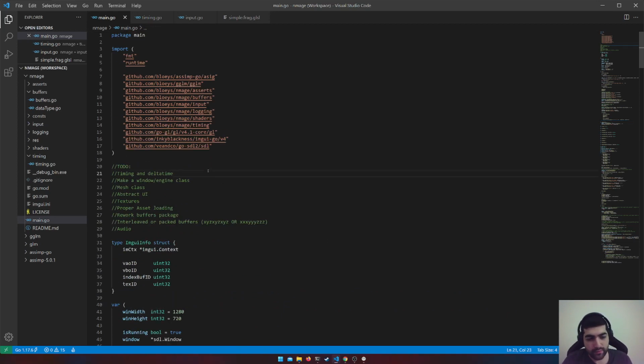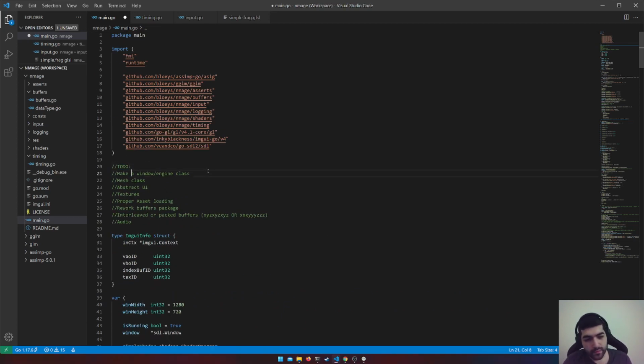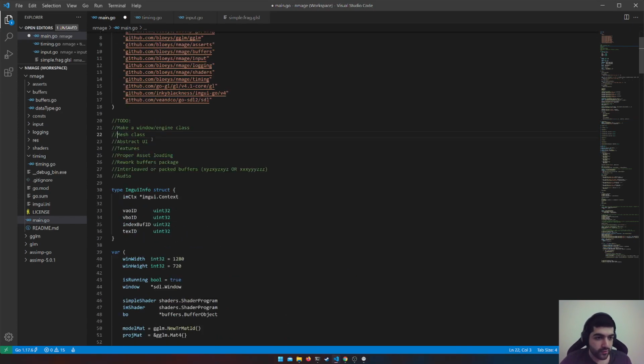So now we have this, which is awesome. I want to move all the buffer stuff into a mesh class so you can have these things easy. UI, we can just move it.